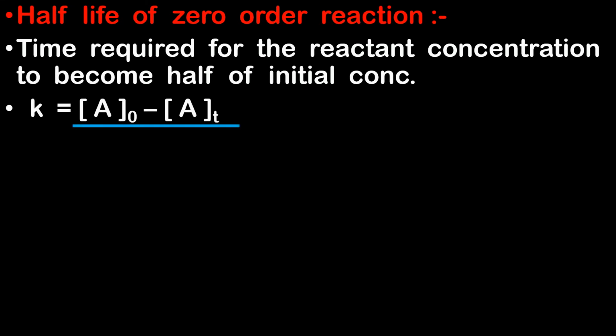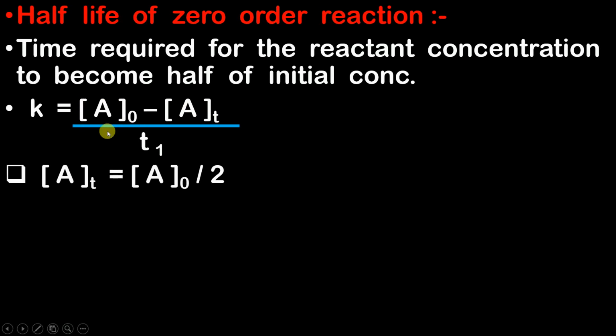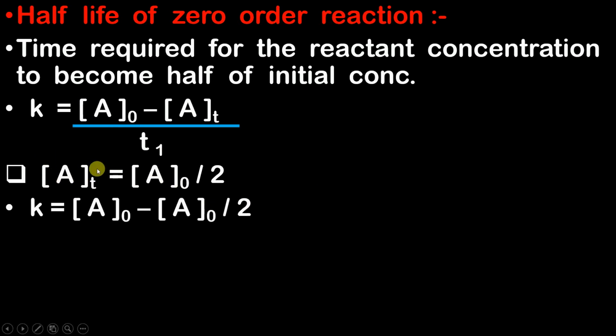Now to calculate half-life, we are going to consider the same formula. Now guys, we need to make some modifications in this formula. See, at half-life, what is going to happen? The concentration of reactants is going to become half of the initial concentration. Can I write that the concentration of reactants has now become half of the initial concentration? Now just substituting At as A naught upon 2 in this equation, we get something like this.